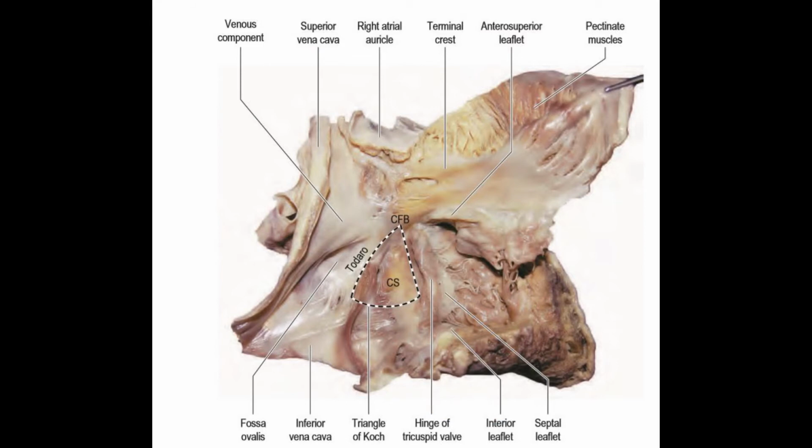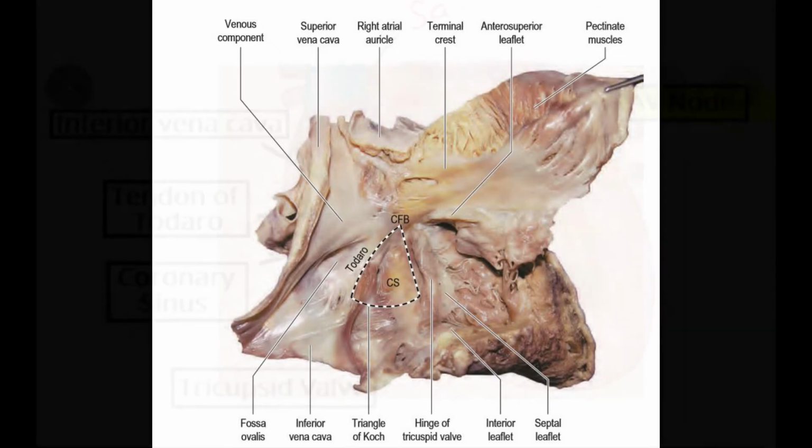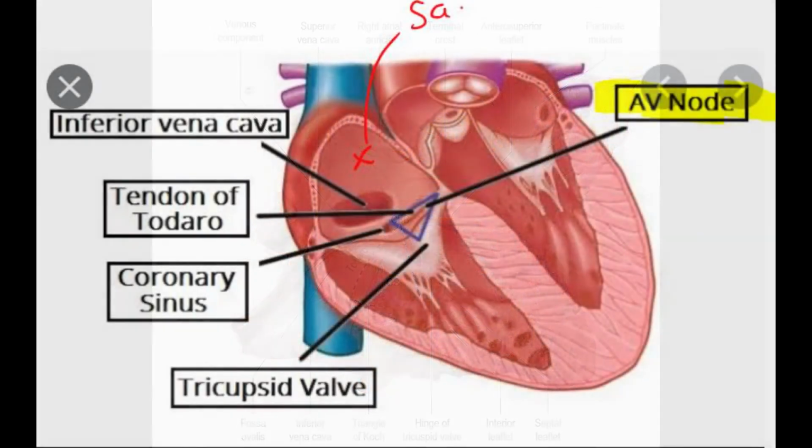There's also something I talked about, the triangle of Koch. The surgical importance of the triangle of Koch is that it indicates the atrioventricular node. So that was the sinoatrial node, and near the triangle of Koch we have another node known as the atrioventricular node. So both of the important nodes are located in this atrium.